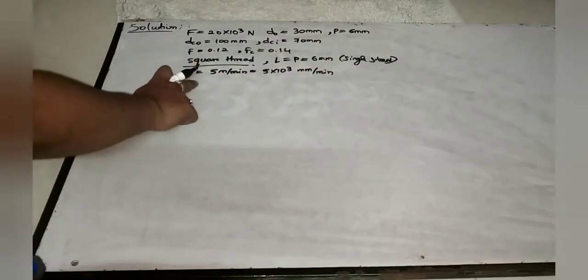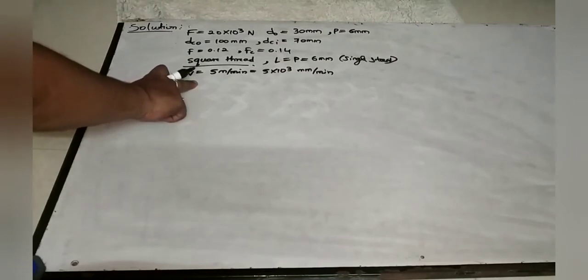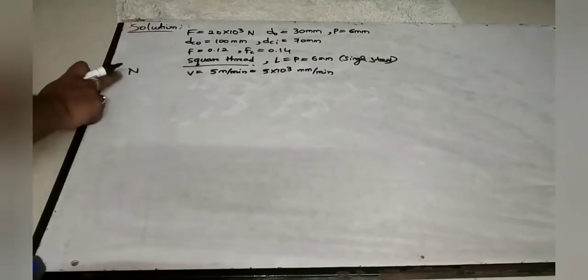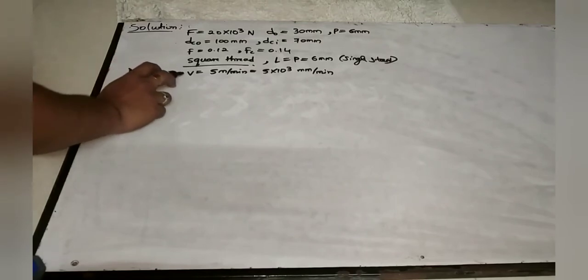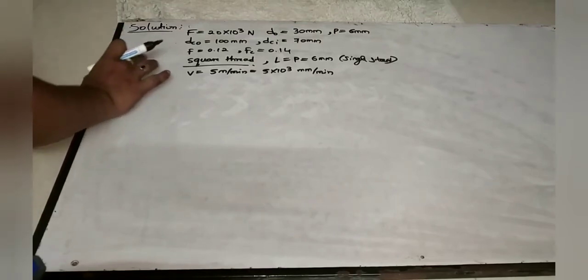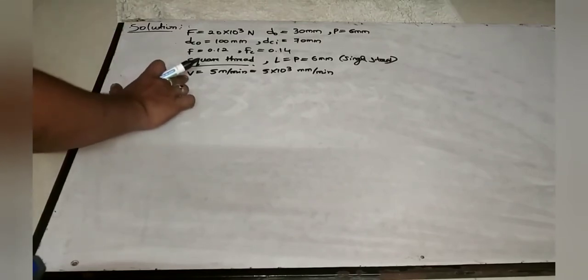This V will be used to find N, and once you find N, you will get the power. That is why they have given this indirectly. We'll see how to convert this into RPM. Anything else? That's it, so this is the given data in the question.